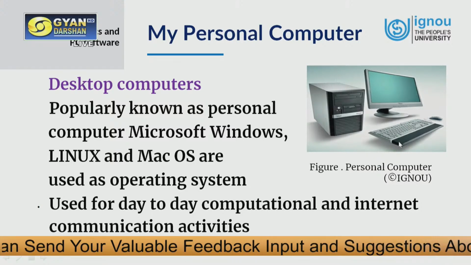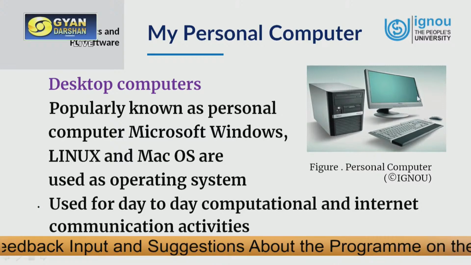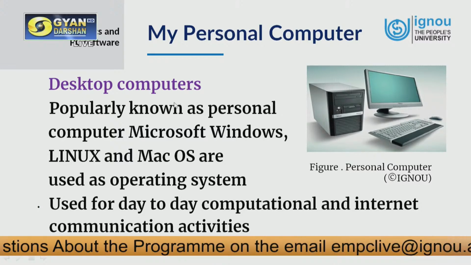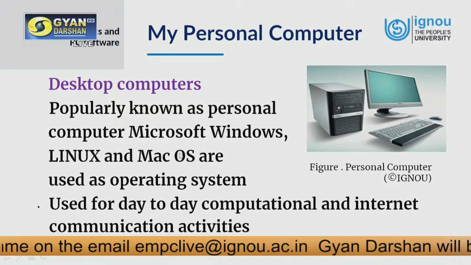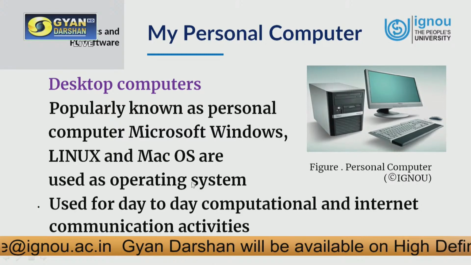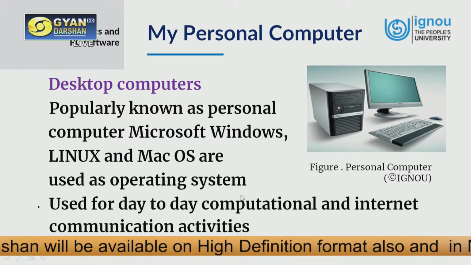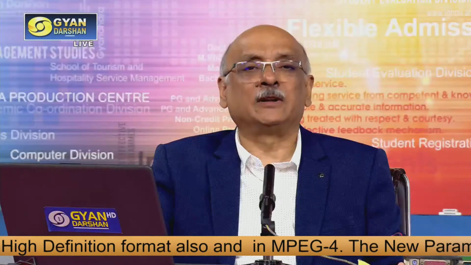These are the basic devices, and maybe a printer can be attached to the whole thing. This is known as a personal computer, and Microsoft Windows, Linux, and Mac OS are the usual operating systems you employ on this machine. It is used for day-to-day computational and internet communication oriented tasks.